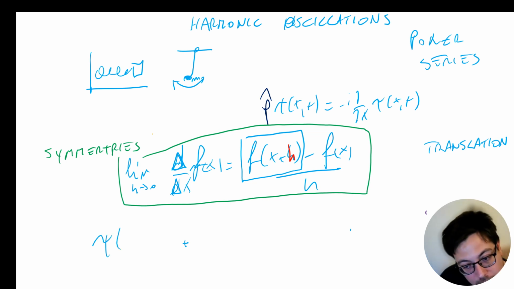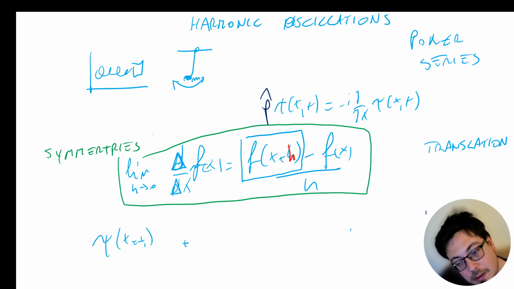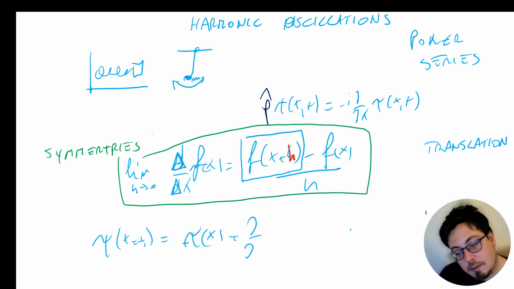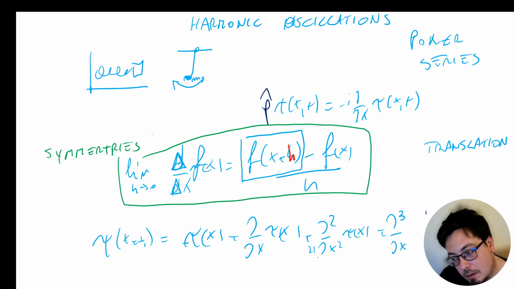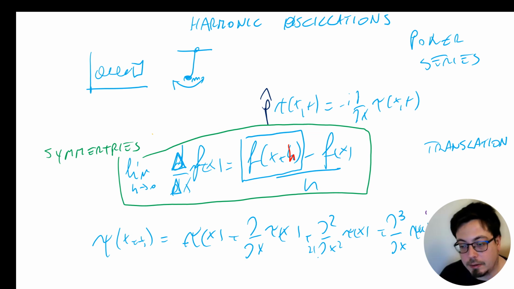So psi of x plus h is equal to psi of x, plus the derivative of psi of x, plus the second derivative with the factor of 2 factorial, plus the third derivative, and so on and so forth, with many orders of the derivative.